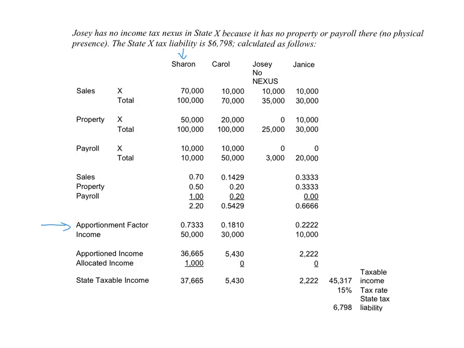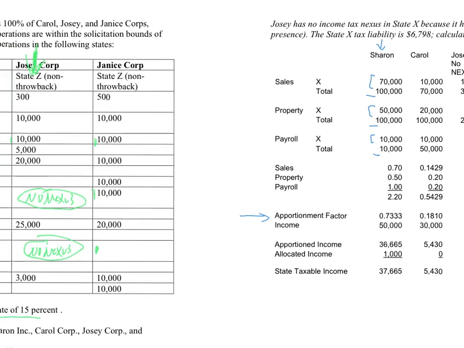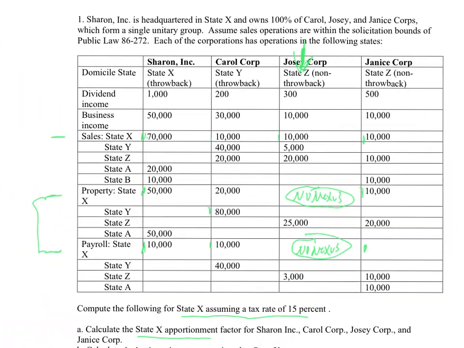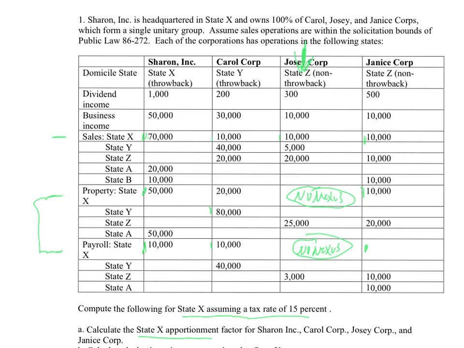You look at sales per state and the total sales, property per state and the total property, and payroll per state and the total payroll. So that's Sharon. Let's go back and sanity check all of that. What did we do?